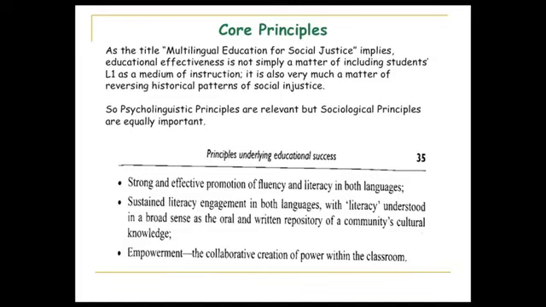One of these principles is strong and effective promotion of fluency and literacy in both languages. So what we're looking at is not just some transitional use of students' first language and then a rapid transition into the dominant language. We're looking ideally at continuing to promote fluency and literacy in the children's first language and in the dominant language for as long as possible.